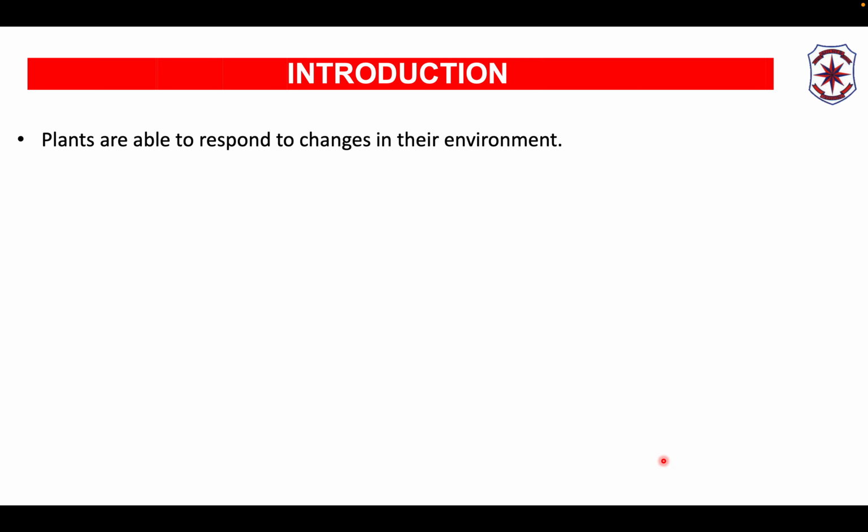To not just see plants as passive organisms that are just sitting there and not able to respond to their environment. However, plants, on the contrary, are actually actively able to respond to the environment.